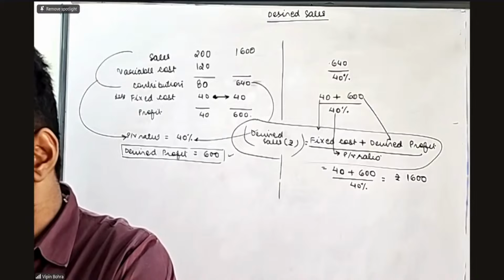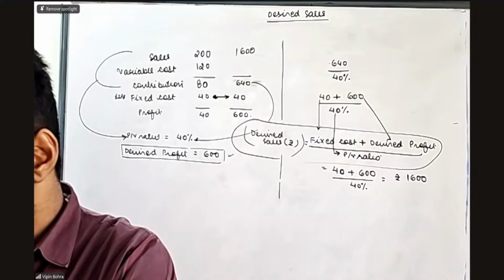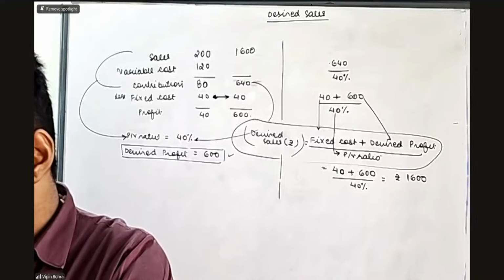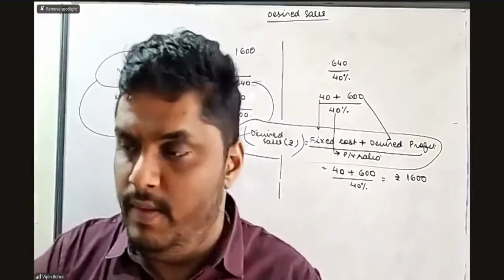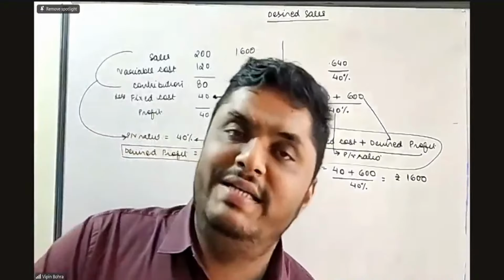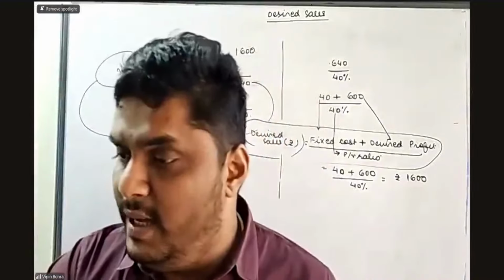Yes, Pooja. Very good, Ashlesha. I request you guys to copy this explanation. If you want to calculate desired sales in rupees, it is fixed cost plus desired profit divided by PV ratio.